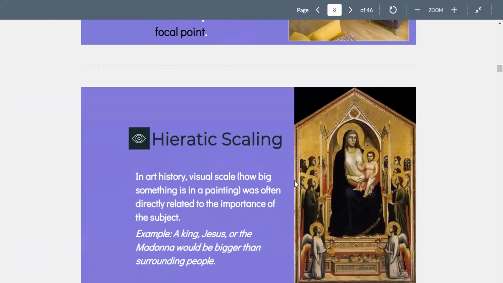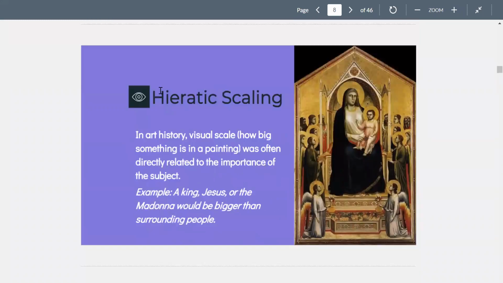See here, what I talked about before, the principle of the previous one, that the person is scaled bigger. See here, this Lady Madonna and Jesus Christ are shown in a bigger scale. Why? What I said before, to get your attention.